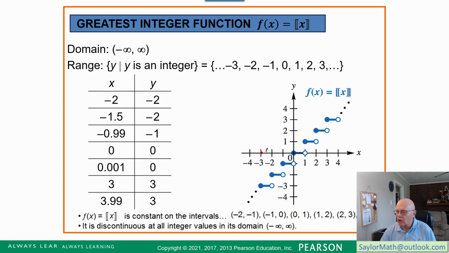If you're talking about up here at -2.5, well, you haven't gotten to -2 yet, so it's still a -3. You don't switch over until you get to -2, and then all of a sudden it jumps up here because the greatest integer of -2 is itself, -2. It's a little bit different.